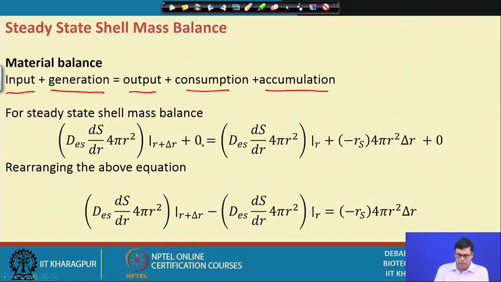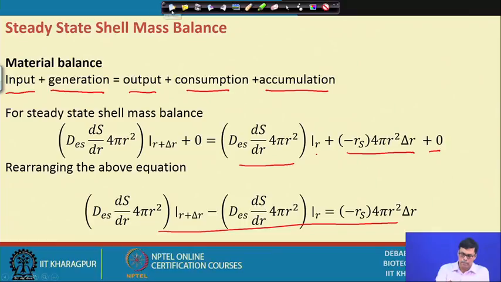For generation, no substrate generation takes place, so that is equal to 0. And what is the output? This is the output at r, and then the rate of reaction, minus r into 4 pi r square into del r, and the rate of accumulation should be equal to 0. Then we will finally reach this equation.